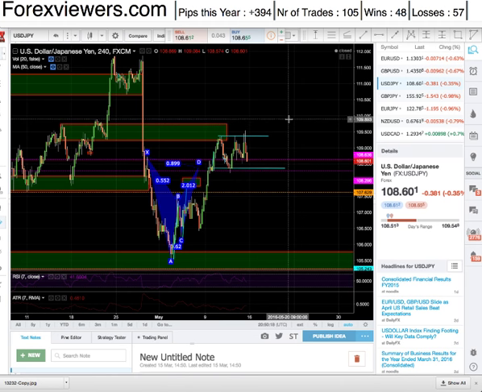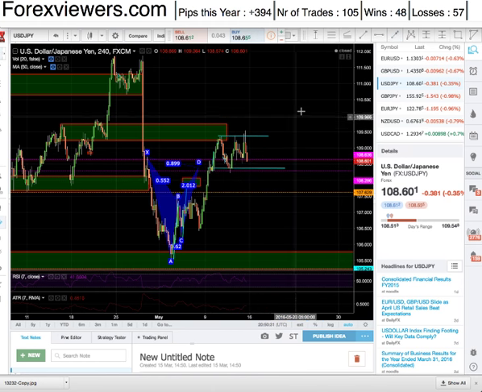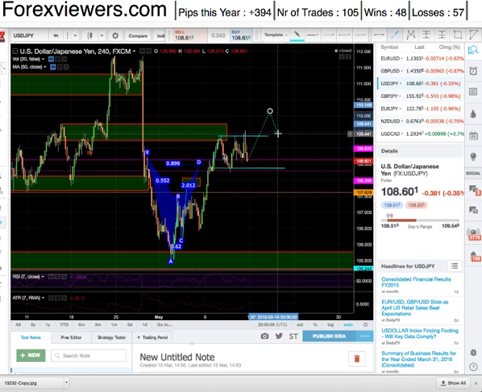I really would like to see a clear break of this point right here or this point right here, just to make sure. I mean, if we continue to the upside and break, this is a decent possibility for a long. We have some room right here to push higher right up until this level.